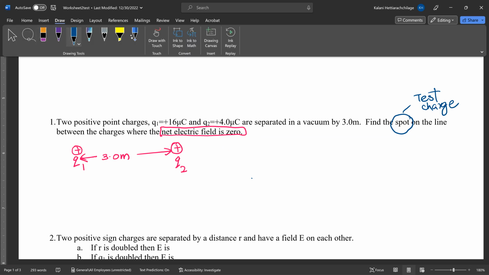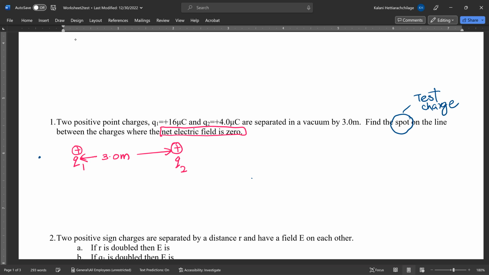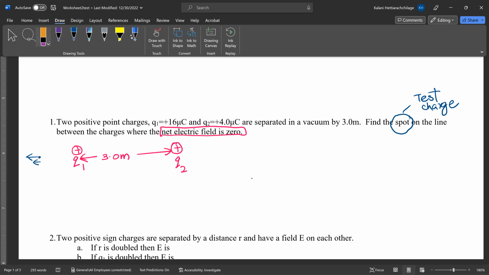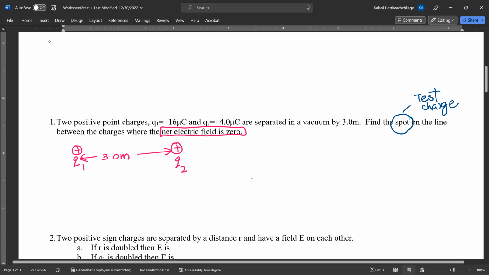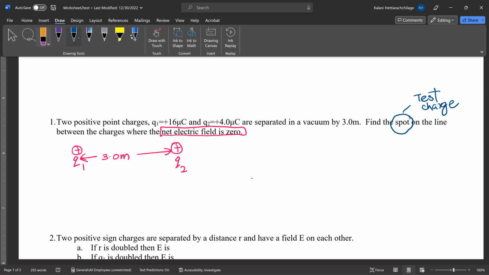Let's think here, right? The positive charge will create an electric field this way, and this is also positive, so that also creates an electric field in the same direction, but it is smaller and weaker than the other one. So again, that spot is going to move in the left direction. Then you decide, okay, left and right are not working, so definitely it should be in between, right?